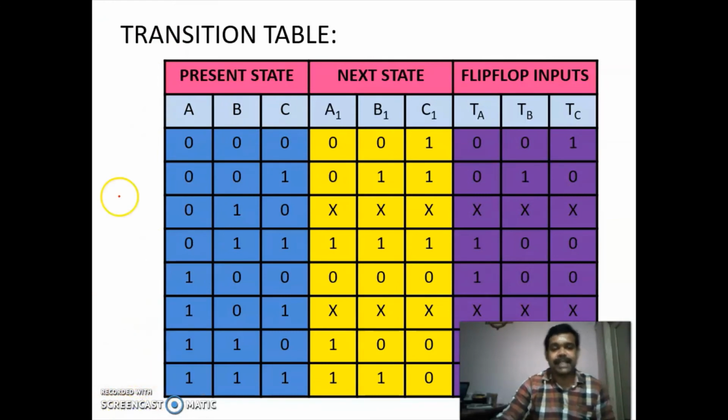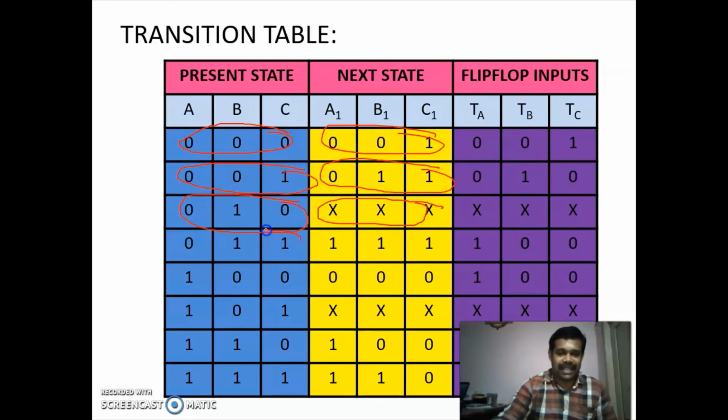From the state diagram, if 0 is the present state, the next state is 1. If 1 is the present state, the next state is 3. The next state of 2 is not given. In this problem, they have not given what the next state of 2 is, so we are putting it as don't care.